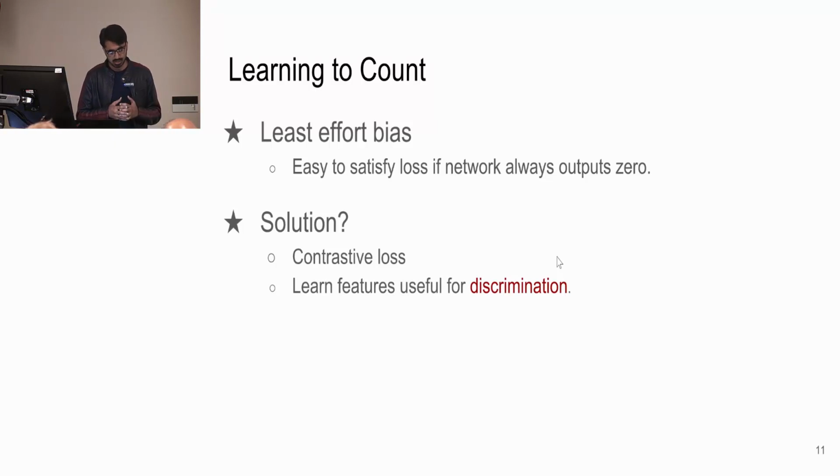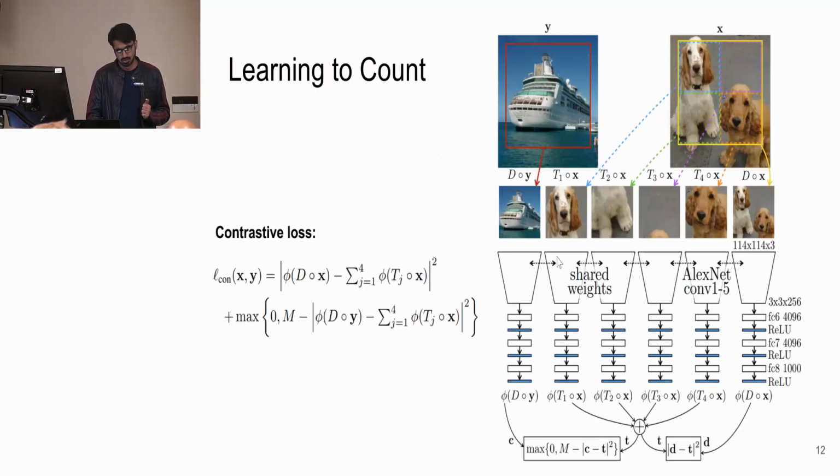The idea of contrastive loss is that it will force the network to learn features or representations which are useful for discrimination between different classes. So here's the idea of contrastive loss. In the original loss function, we had these 5 patches.